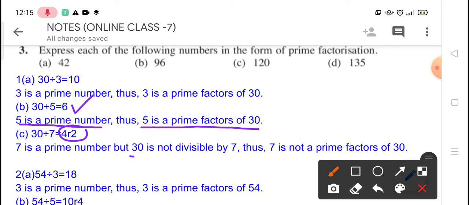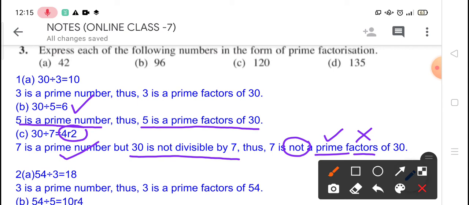Means 30 is not divisible by 7, even though 7 is a prime number. So 7 is a prime number, but not a factor. So we say 7 is not a prime factor of 30. So remember, both must be fulfilled.